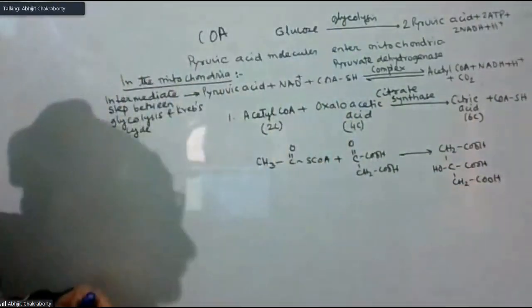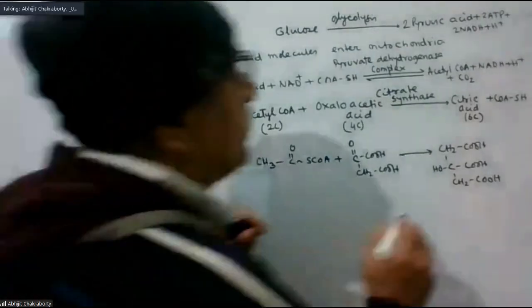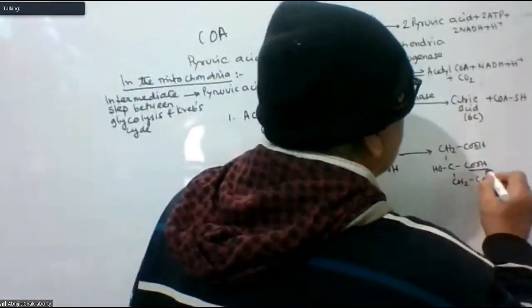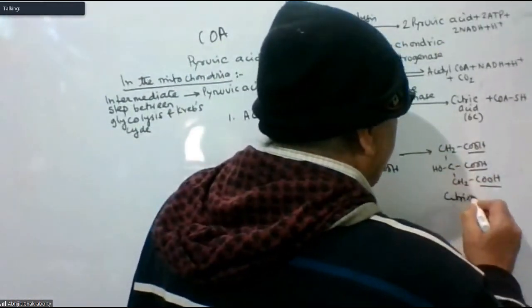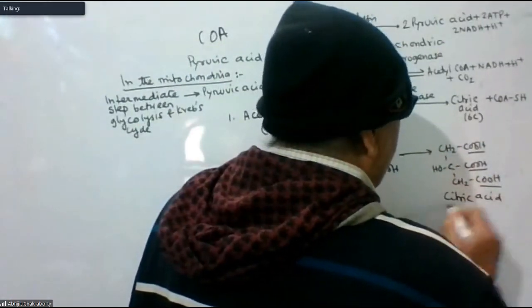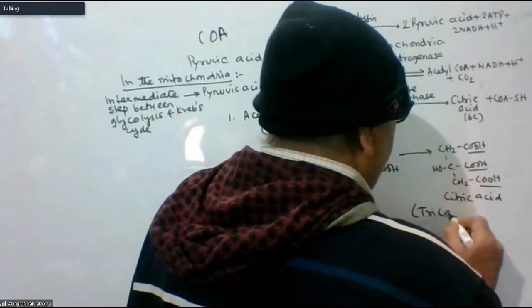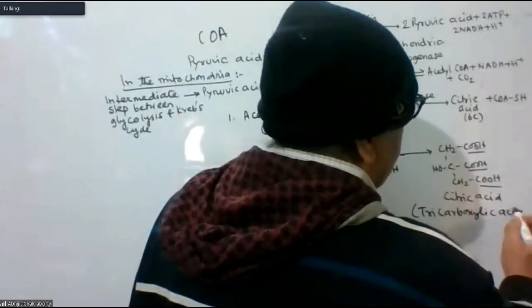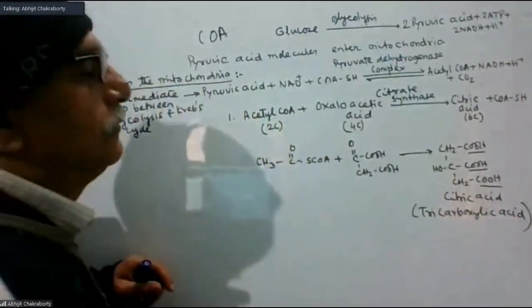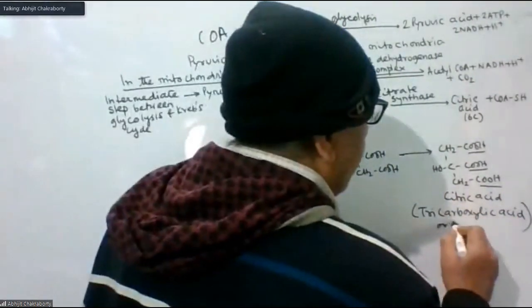Look, this is the citric acid. How many carboxylic groups are there? 1, 2, 3. That's why tricarboxylic acid or TCA.